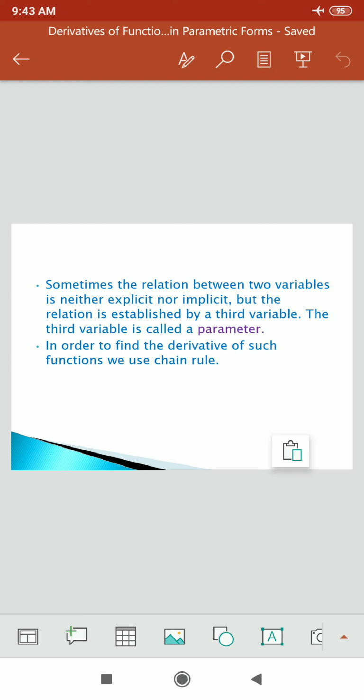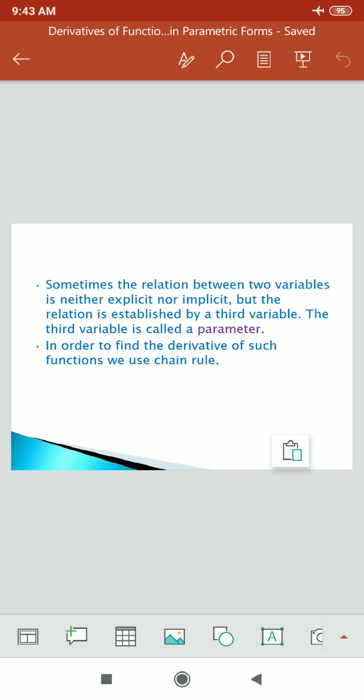Now the question is how we find the derivatives of such functions. To find the derivatives of such functions, we use simply chain rule. When we are talking about parametric equations, that means x and y are separately expressed in terms of some third variable, what we have to do, we simply differentiate both x and y with respect to that very third variable, and then after that we use simply chain rule to find the derivative.